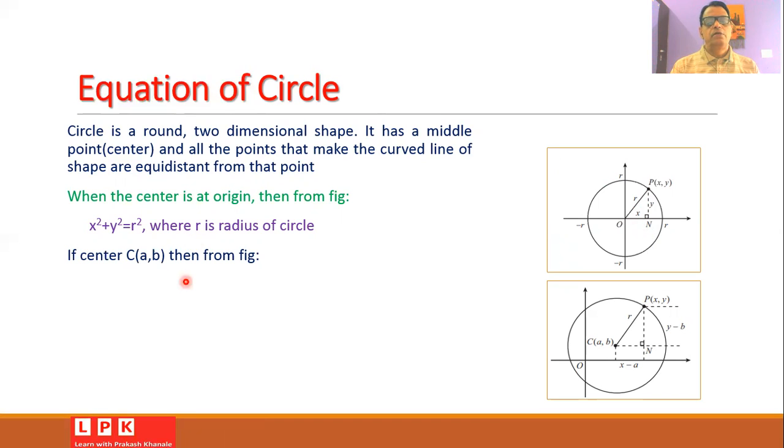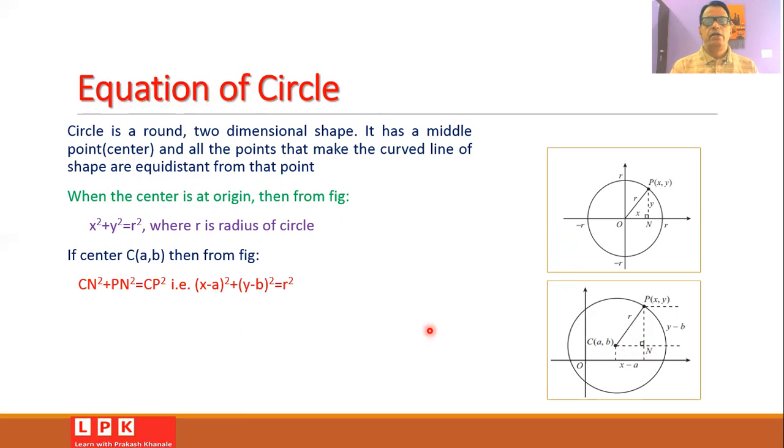Now, if the center is not at the origin, suppose the center of the circle is at the point a comma b, then in that case, we can write the equation as CN square plus PN square is equal to CP square. You have to refer to this figure. This distance is x minus a, and this distance is y minus b, and this distance is r.